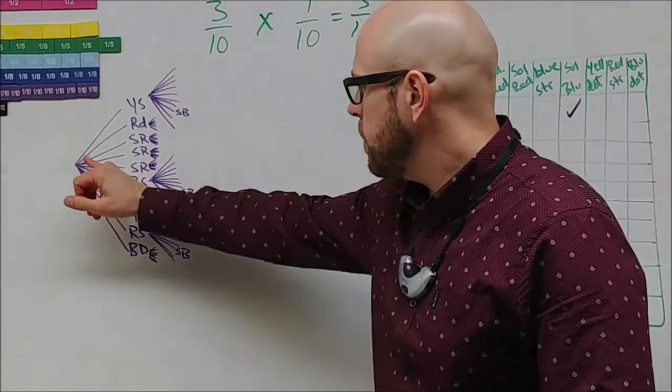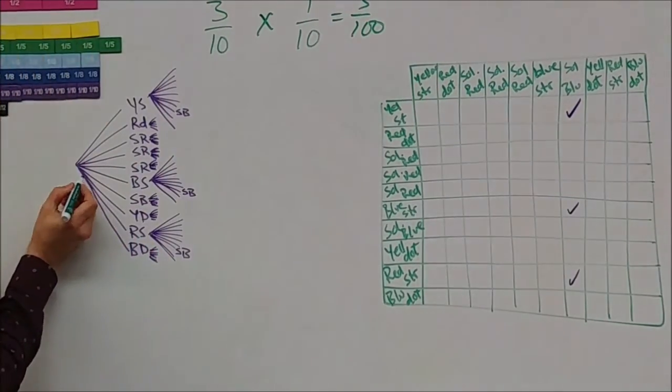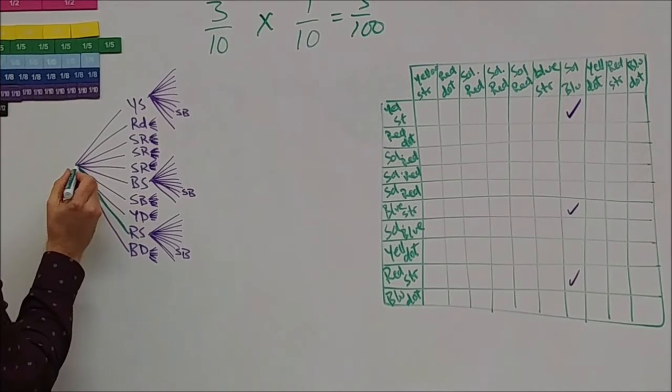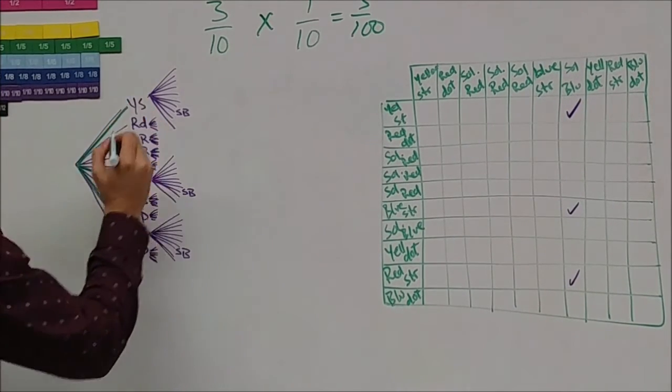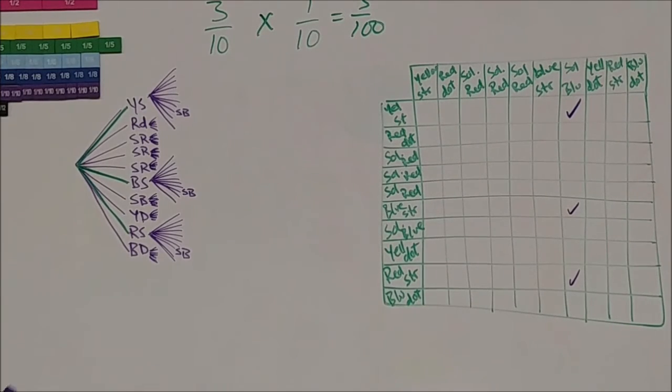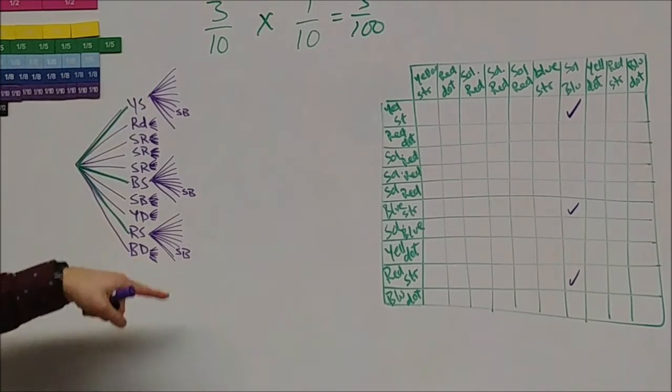However, 3 of those were possible with stripes. So we had 3 possibilities with stripes, like so. Of those 3 possibilities, they each had 10 more, 10 more, 10 more. And there were 100 possible branches.